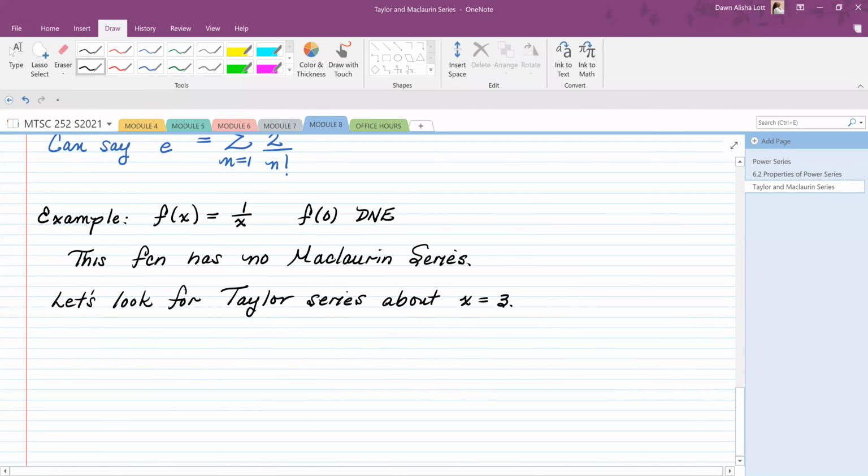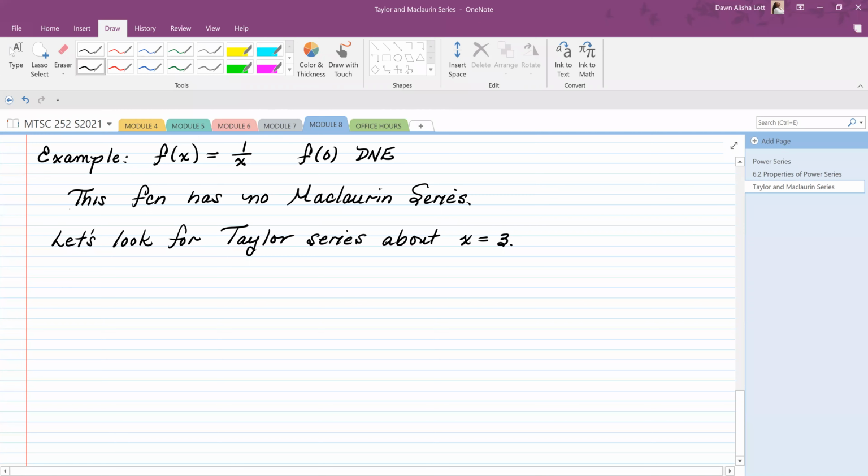Therefore, my goal is to write f of x equal to 1 over x as the sum n equals 0 to infinity of Cn times x minus 3 to the n.